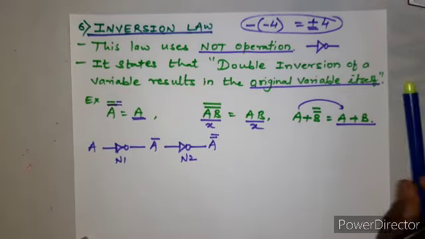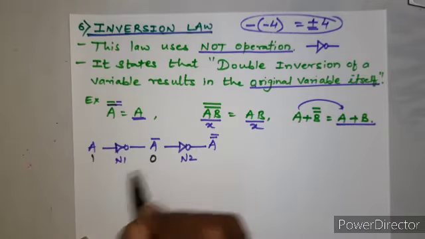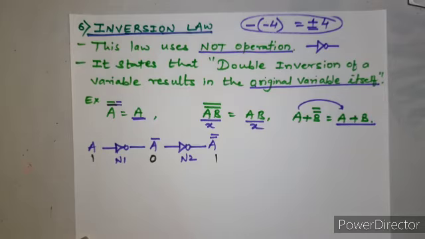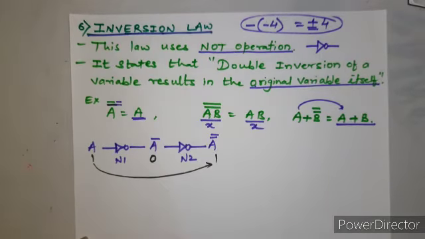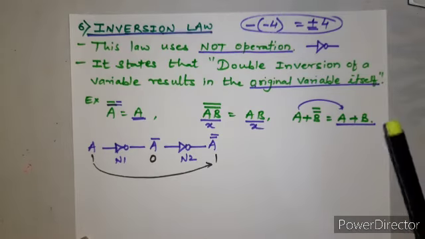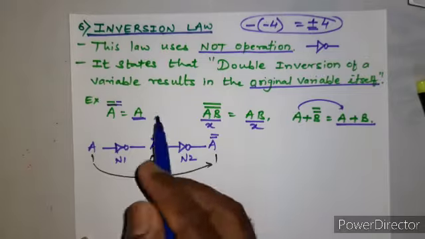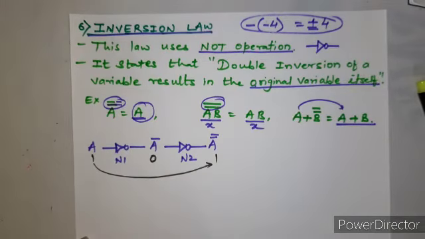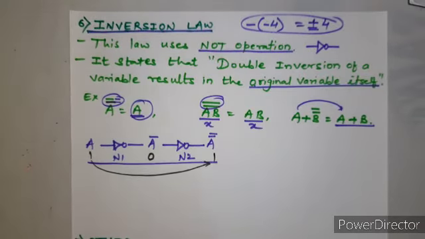Now let us consider some values. If A is equal to 1, 1 bar is 0, and 0 bar is 1. So we are getting the same output. Double inversion will give you the same result. For 2 marks, if you are asked to prove this inversion law, you can prove it with the help of this diagram.